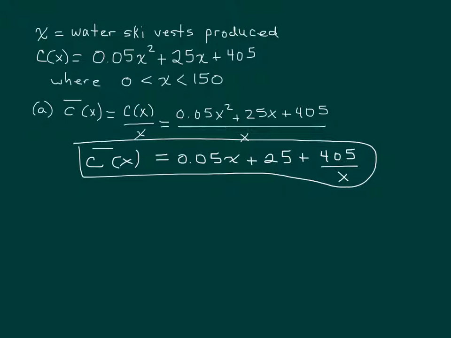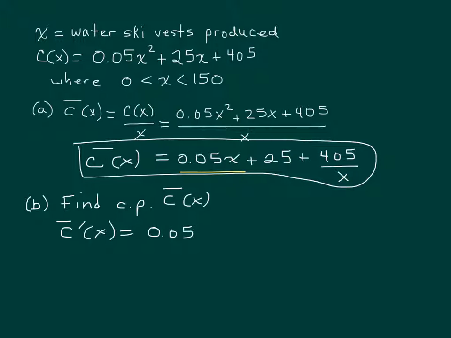Alright, part B wants you to find the critical points of this average cost. To find critical points, you have to find the derivative. The derivative of 0.05x would just be 0.05.